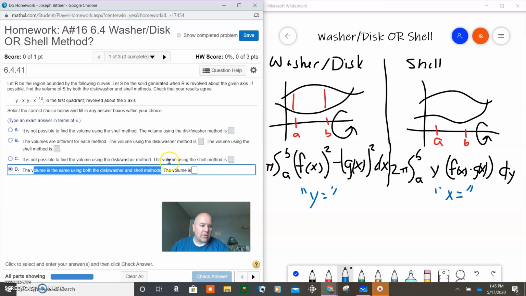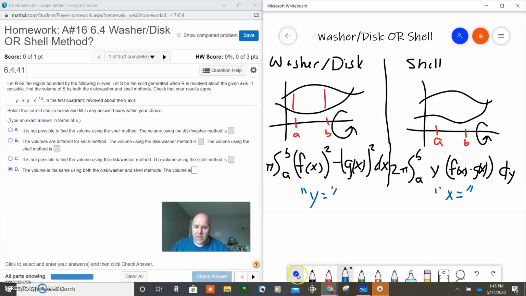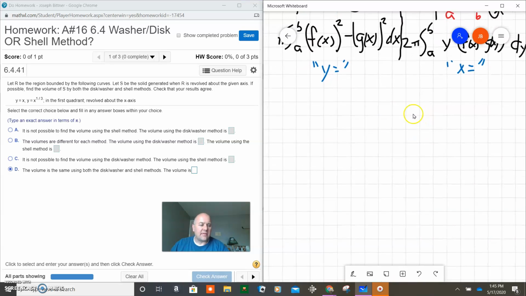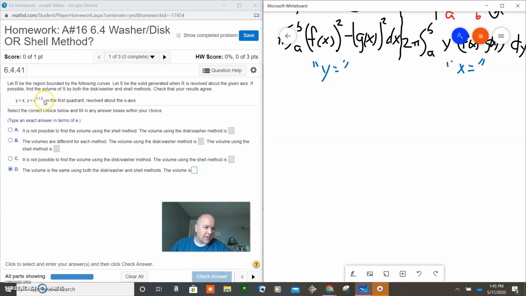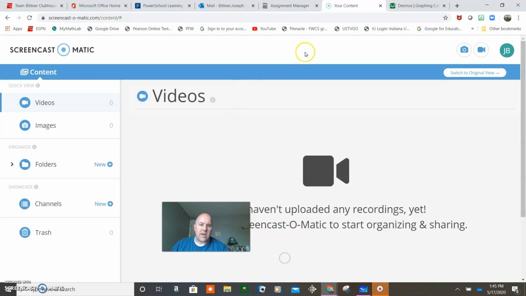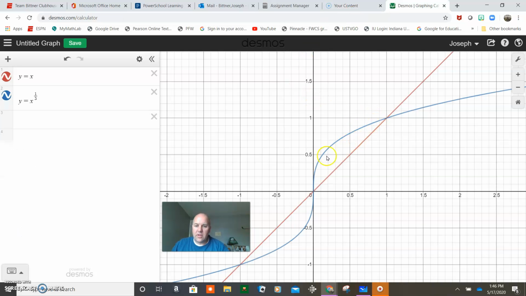All right, let's take a look at this first problem. The shape here is y equals x to the 1/3, in the first quadrant, so do pay attention to that, revolved around the x-axis. I have made a picture here on Desmos. We're not referring to this region, so don't pay attention to that. Since the equation already reads y equals, I would recommend the disk method.